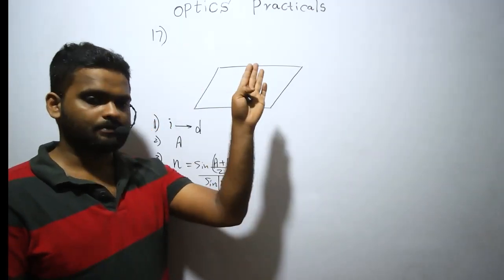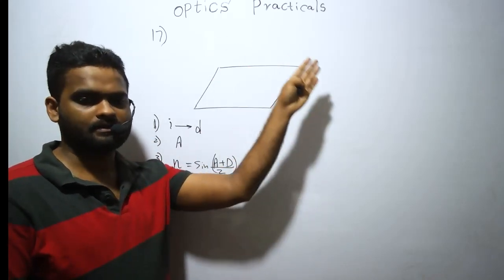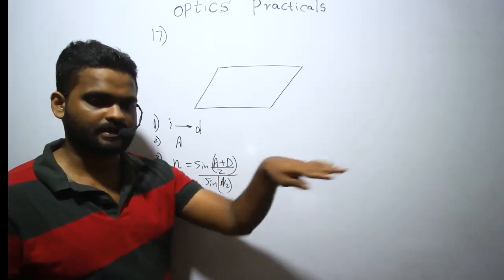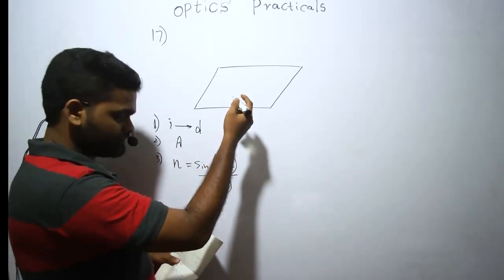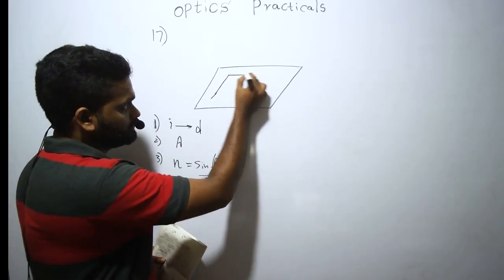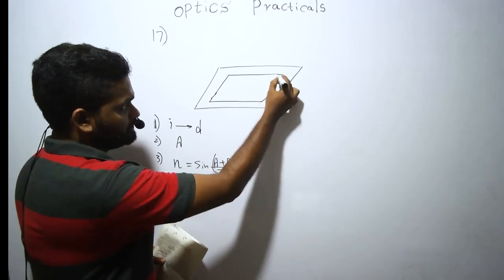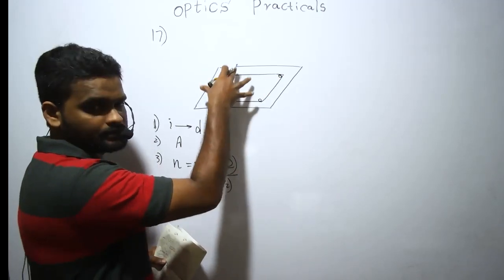So in the lab, let's say this is a drawing board or something, or this could be the surface of the table. Then you place a white paper, then you clip that to the board.